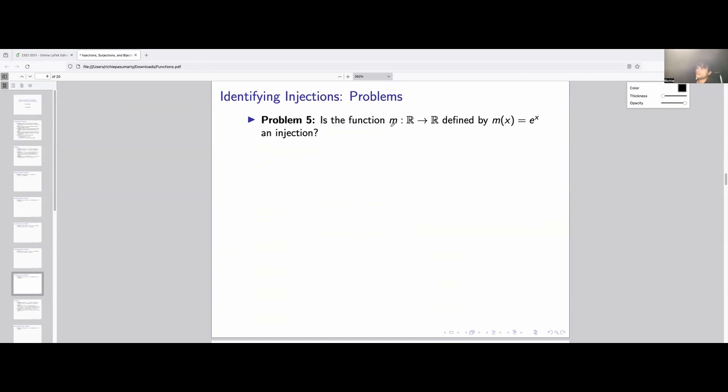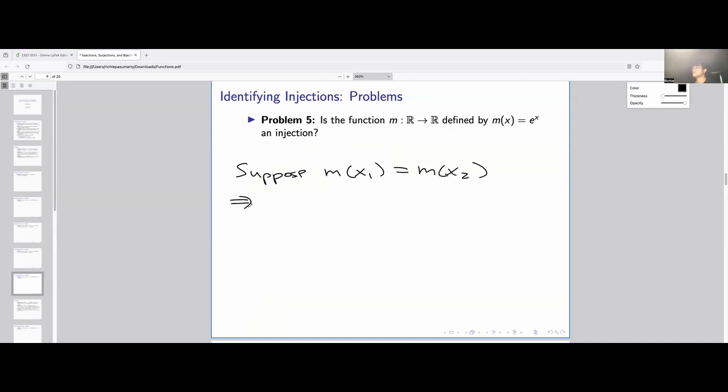So I have some function m from the set of reals to the set of reals, and they give us an equation for this function. m of x is equal to e to the power of x. Okay, so again, let's suppose that m of x1 is equal to m of x2.